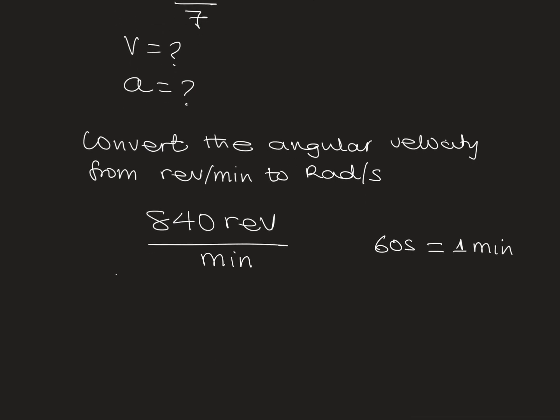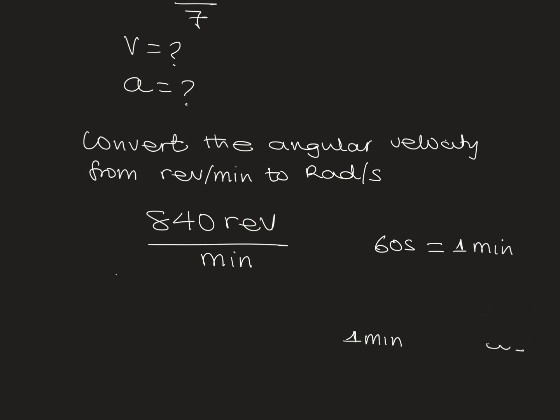So if we should express that in fraction, it's either we say 60 seconds divided by 1 minute or 1 minute divided by 60 seconds. So we will ask ourselves now, which of these should we use? Well, if you have minute here as a denominator, what you have to use is where minute is a numerator, and that is going to be this.